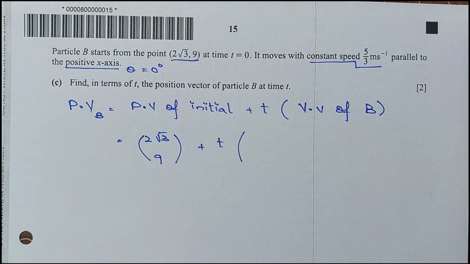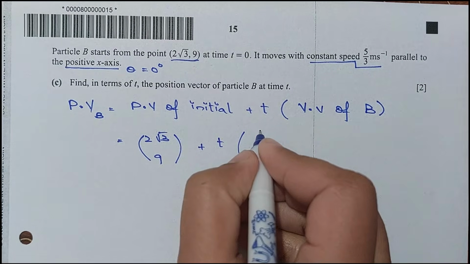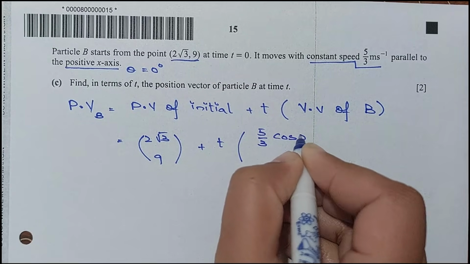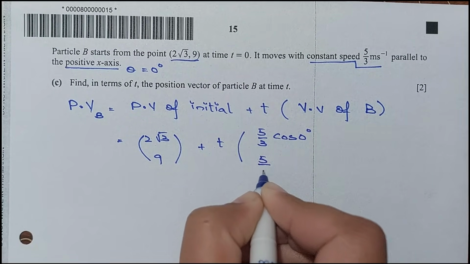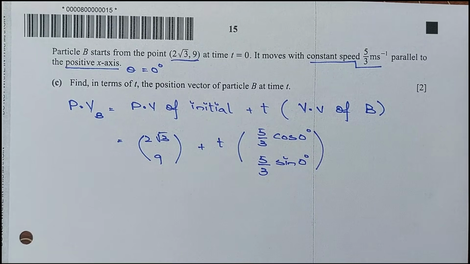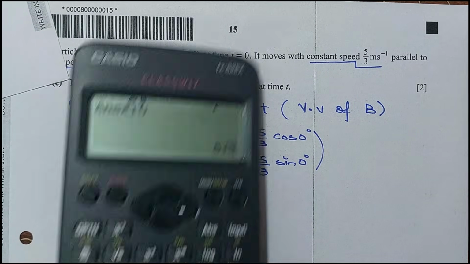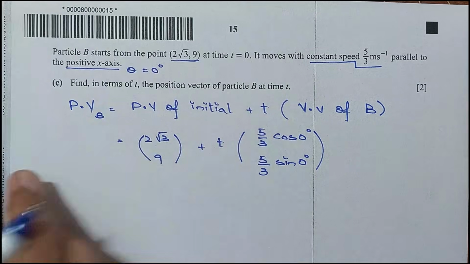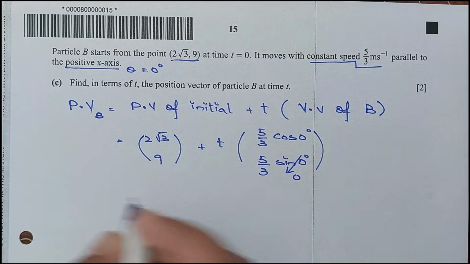The velocity vector has x component speed 5 by 3 times cos of theta, and y component speed times sine of theta. Because it is parallel to the x-axis, theta must be 0. So cos 0 is 1 and sine 0 is 0, and this term is 0.